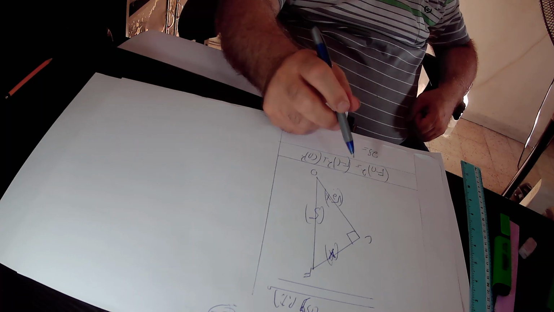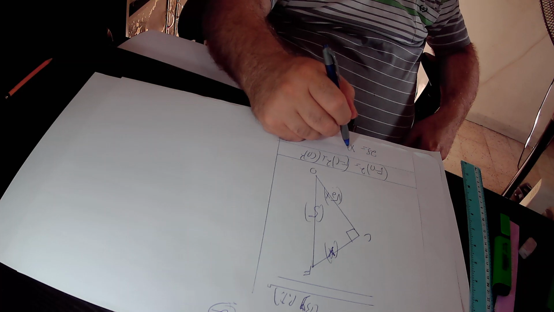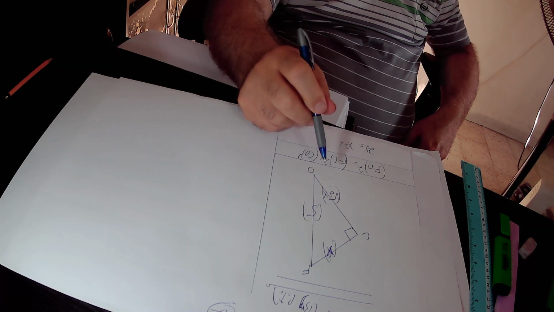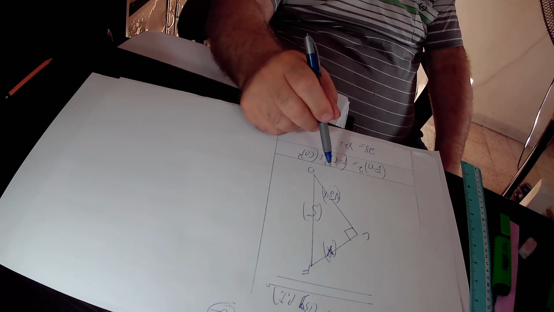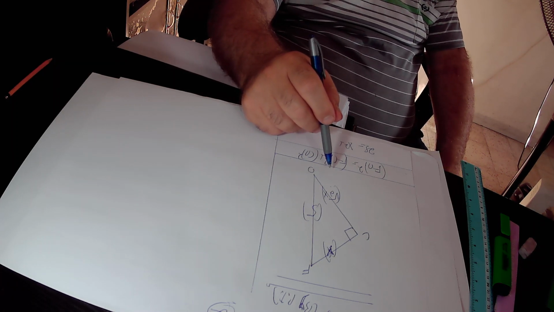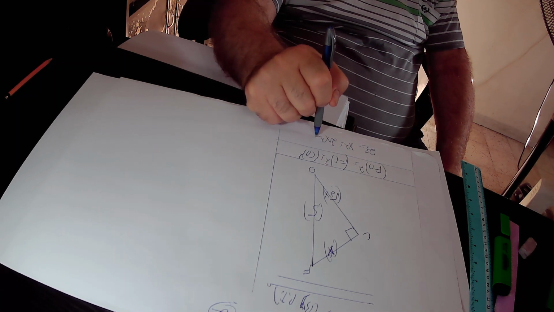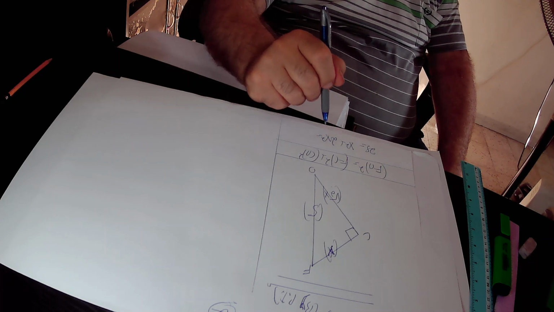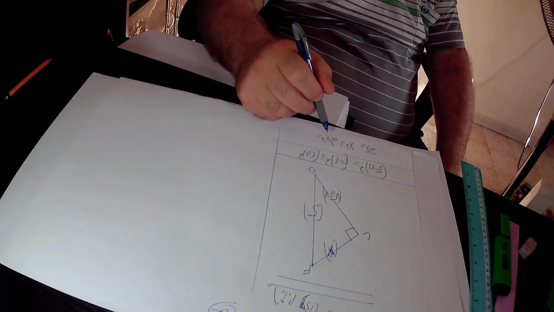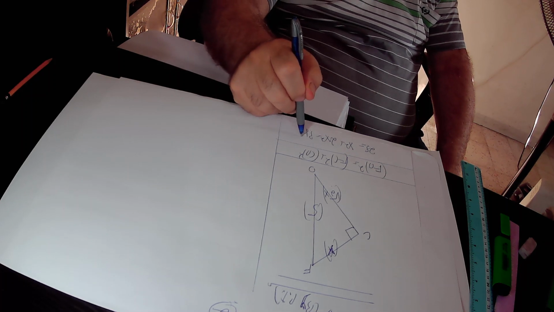And it equals FC squared. FC is x, therefore FC squared is x squared, plus CO squared. CO is equal to the square root of 2 times x, therefore CO squared is equal to 2x squared. So the equation becomes 25 equals x squared plus 2x squared, that is 3x squared.